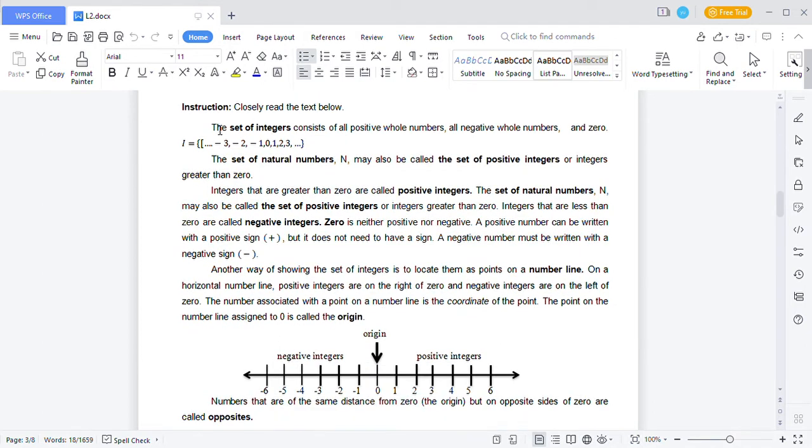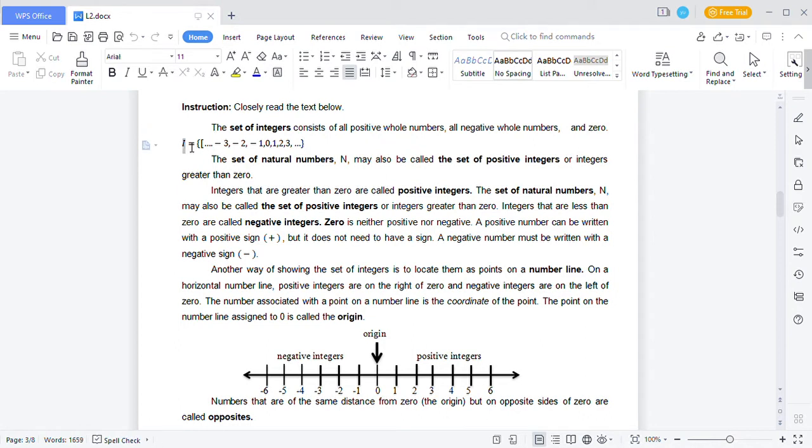Okay, so the set of integers consists of all positive whole numbers, all negative whole numbers, and zero. So again, as we said earlier, whole numbers include 0, 1, 2, 3, 4, 5. So the set of integers includes the positive whole numbers, the negative whole numbers, and of course, 0.